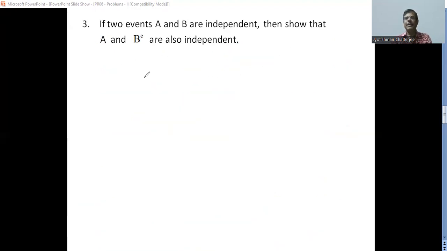Look, this is not surprising, because if A and B are two events which are independent, and B and B complement, information wise, are identical. Why am I saying so? Because if I am told that B has occurred, I know that B complement has not occurred, and vice versa.